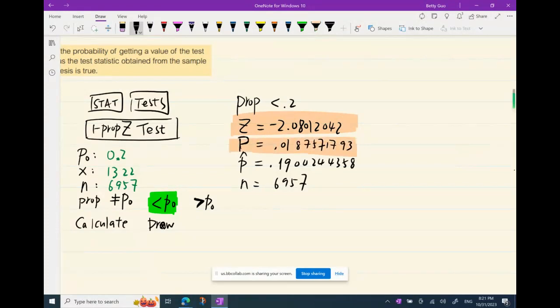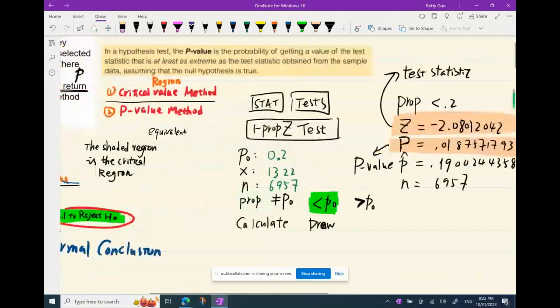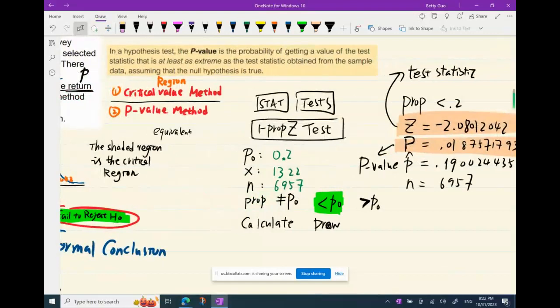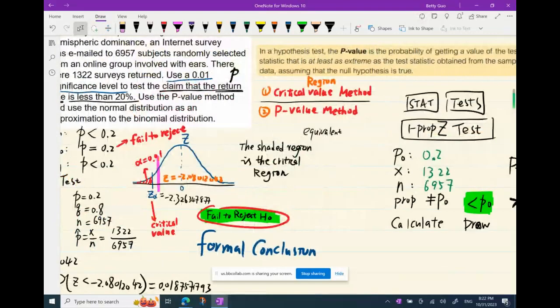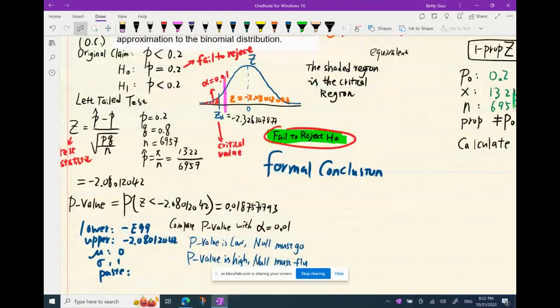So this is the test statistic, and this is the p-value. The calculator helps us find the test statistic and the p-value. With the calculator, we save the energy of plugging in a formula. If you have a calculator, you don't really need a formula.